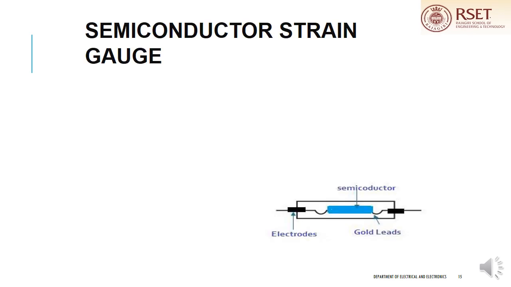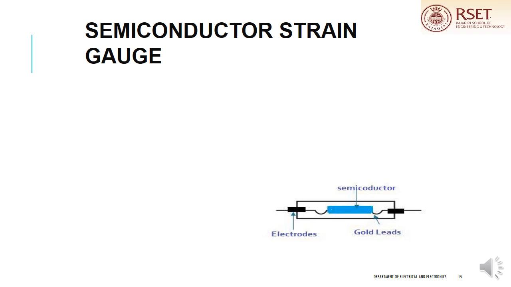Now, coming to the semiconductor strain gauge, it has a high gauge factor, almost 50 times higher than the wire strain gauge. And this is very much desirable, because as far as sensitivity is concerned, a high gauge factor is very desirable. Now, the working principle of the semiconductor strain gauge is based on the piezoresistive effect.